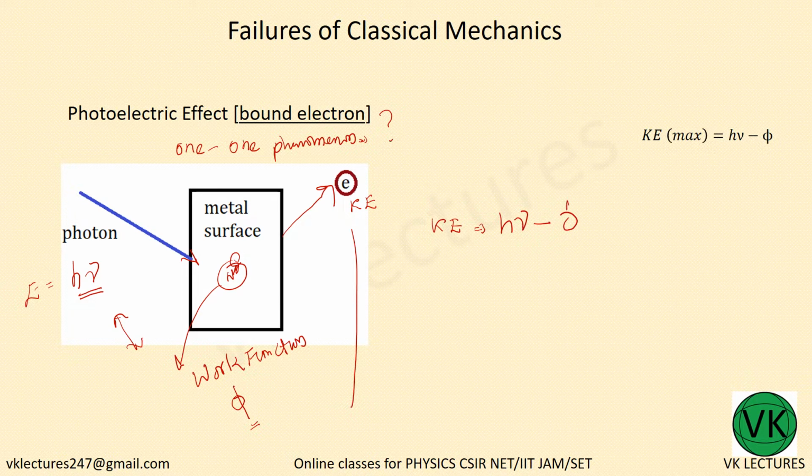Now what will happen if the energy of the photon is less than the work function? If the energy of the photon is less than the work function, then no photoelectric effect will happen.